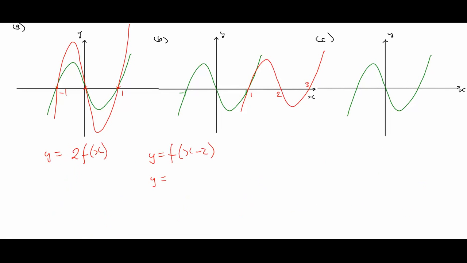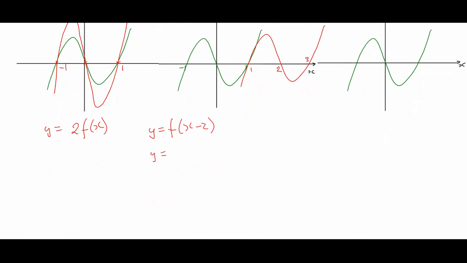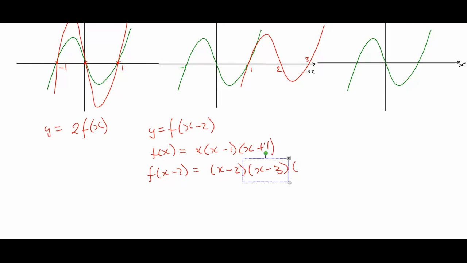The equation of this new curve, well, just replace the x by x minus 2. F of x is x, x minus 1, x plus 1, so f of x minus 2, replacing x by x minus 2, we'll have x minus 2. X minus 2 minus 1 is x minus 3. And x minus 2 plus 1 is x minus 1. Now, we should really also put in the point where the curve crosses the y-axis.